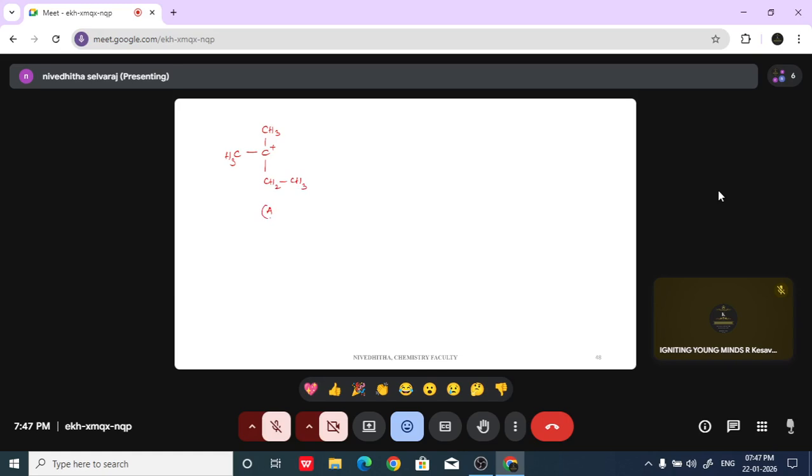This is compound A. This is B. This is C. This is D. And finally E. Can you please arrange these carbocations based on their stability?